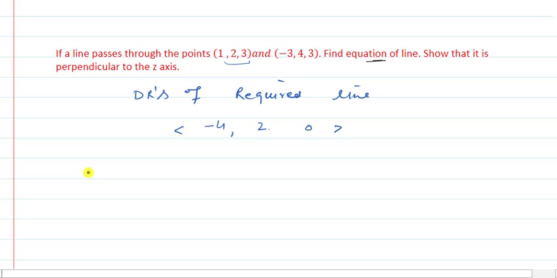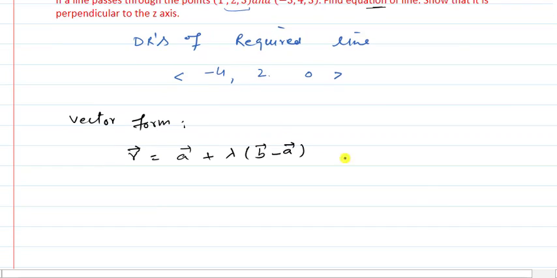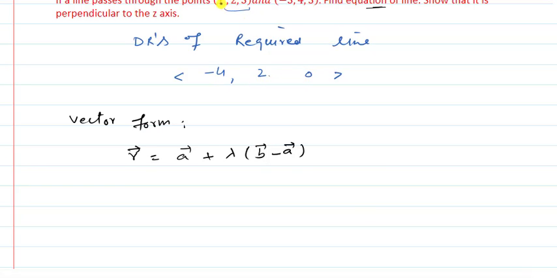So equation of the line in vector form, first of all let me write the vector form. It is r is equal to vector a plus lambda times (b minus a). So clearly b minus a we have already calculated. This is minus 4, 2 and 0, and the passing point is 1, 2, 3.